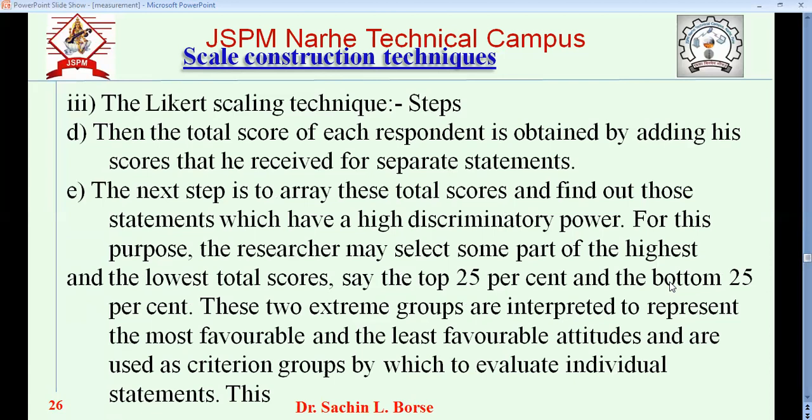We see the most discriminatory power, whether it is more on the plus side or more on the negative side. These two extreme groups are interpreted to represent the most favorable and least favorable attitudes.